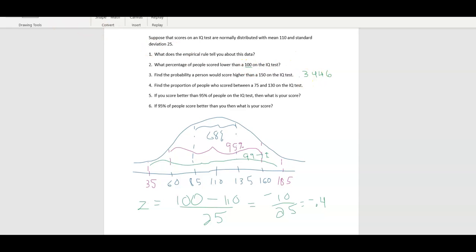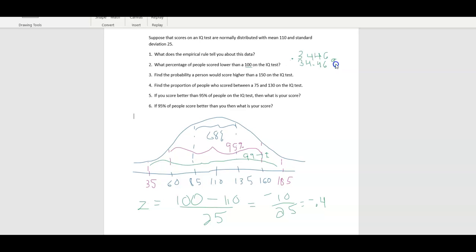So let me erase it and put it in the right place. 0.3446. Now it asked for the percentage, so let's change that into a percent by moving it 2 decimal places. That's approximately 34.46% of people would score lower than 100 on this particular IQ test.